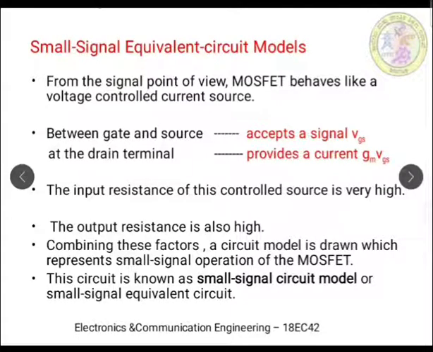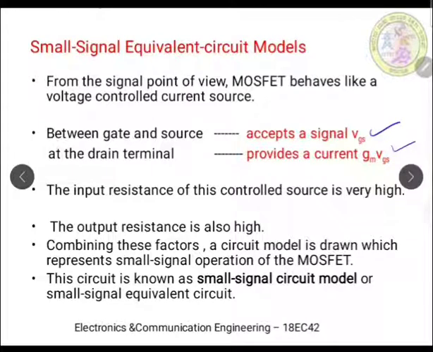Here between gate and source, the terminal accepts the small signal VGS, and at the drain terminal the circuit provides a current gm into VGS. Also, for these circuits the resistance of the controlled source is very high, and the output resistance is also very high.